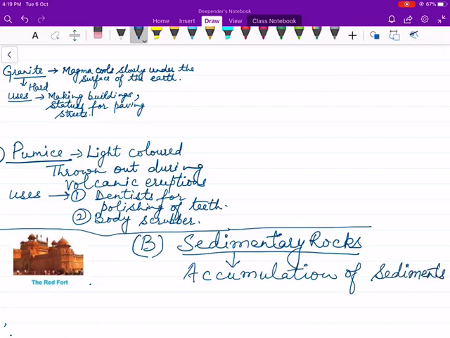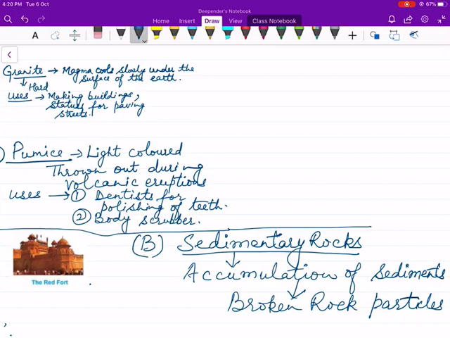And these sediments are generally broken rock particles.